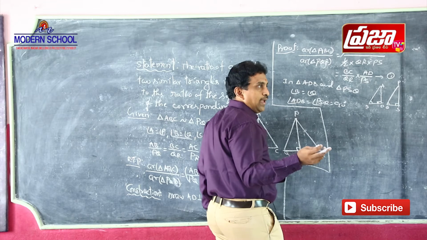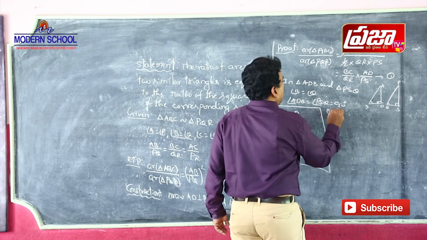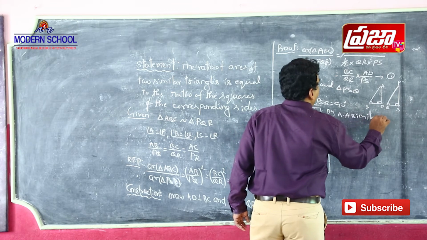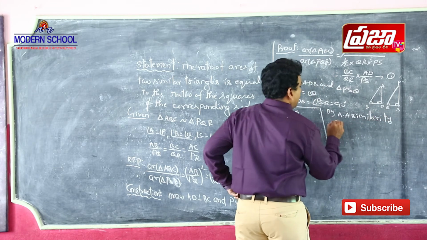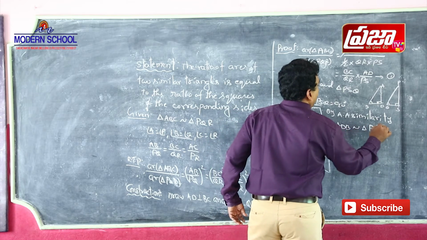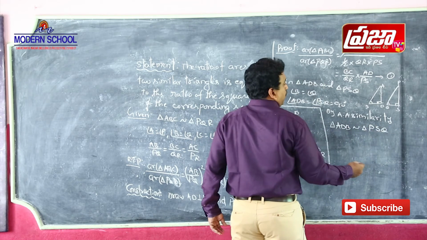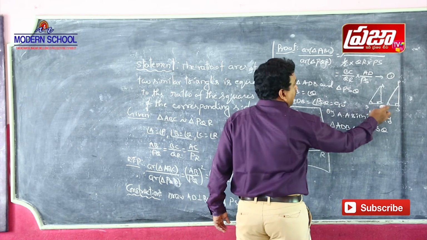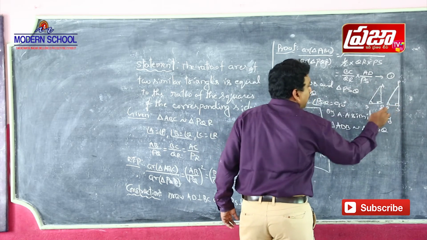Already learnt AA similarity. By AA similarity, triangle ADB is similar to triangle PSQ.